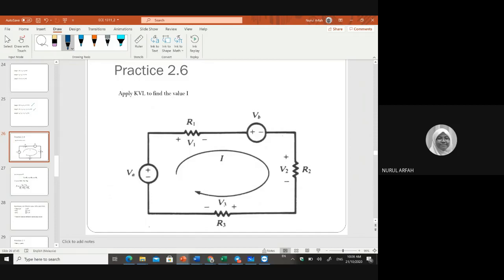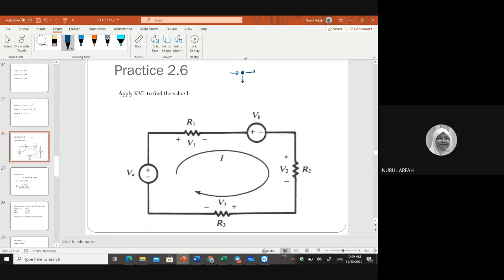At a node, what should you do? The summation of all current entering and leaving the node should be equal to 0, right?